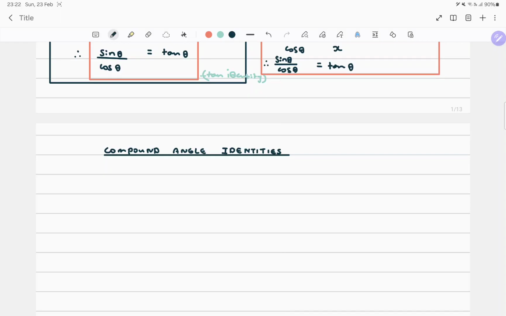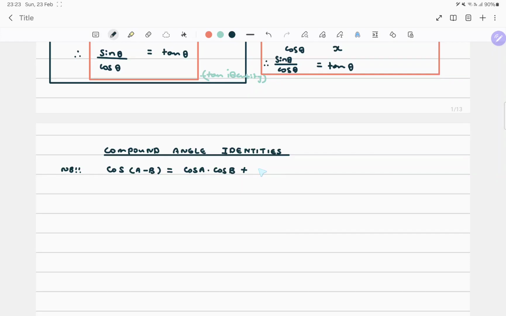So let's talk about these compound angle identities. Again, where do they come from? Well, we know that there's this one that we call the generic compound angle identity, which gives us everything we want. So we know that cos of angle A minus angle B is going to be equal to cos of the first angle times the cos of the second angle.